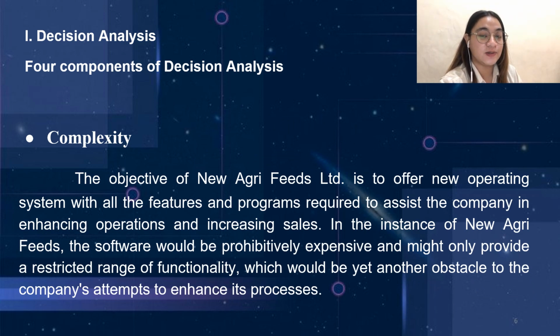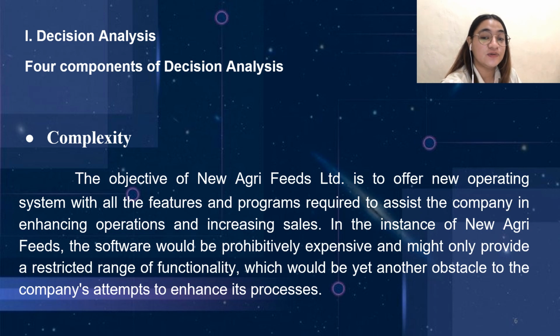The first one is the complexity. The objective of New Agri-Feeds Ltd. is to offer a new operating system with all the features and programs required to assist the company in enhancing operations and increasing sales. Yet, there are still more factors to consider when making a decision.